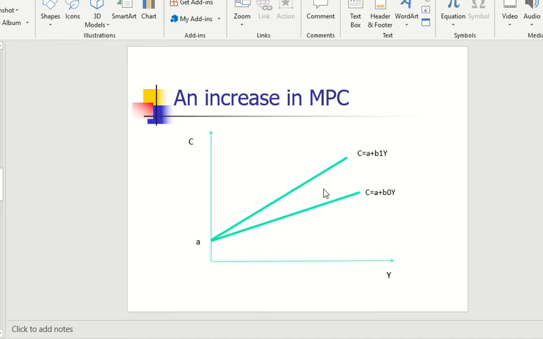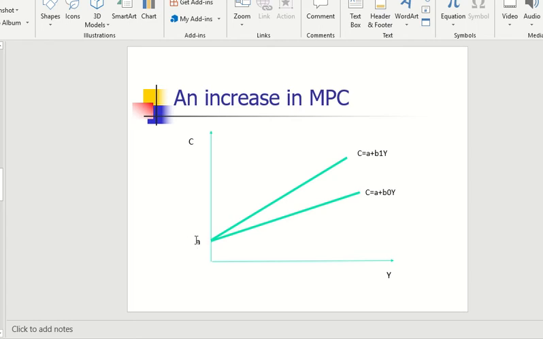Okay, the steeper slope, a larger slope. If you are not sure, you can do a little bit of experiment. You can pick any horizontal distance. You find that with a steeper curve, you will find a larger change in consumption. So that's a larger marginal propensity to consume.